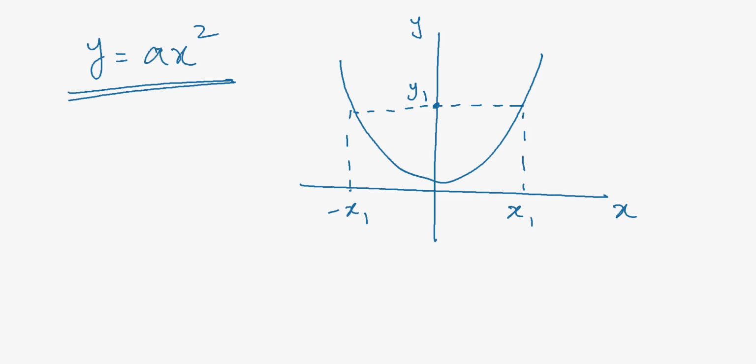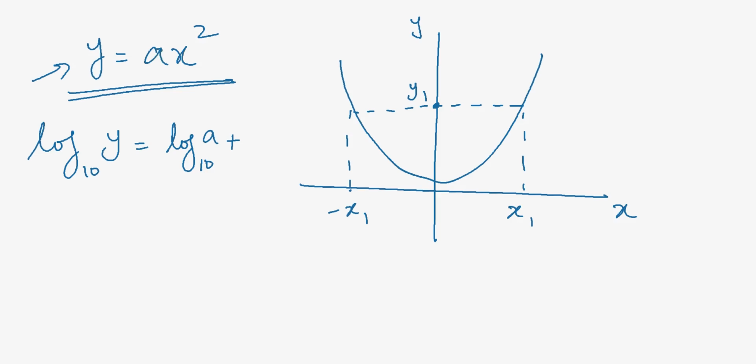Okay, and why did I bring this into the picture? Let's say we apply a log, even a log 10, on both sides. So this will become log 10 acting on a x squared. A is multiplied with the x squared, so that multiplication can be split as an addition.